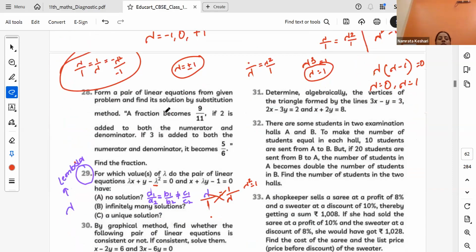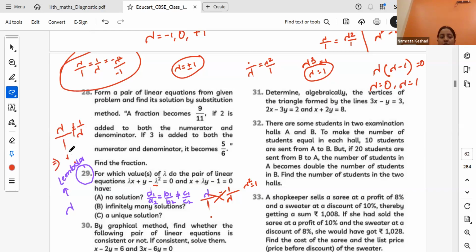Now the same question says a unique solution. When there exists a unique solution, how many lambda values can you take out? When there is a unique solution, then a1 by a2 is not equal to b1 by b2. So a1 by a2 is lambda by 1, b1 by b2 is 1 by lambda, which will give us these two not equal when there is a unique solution.